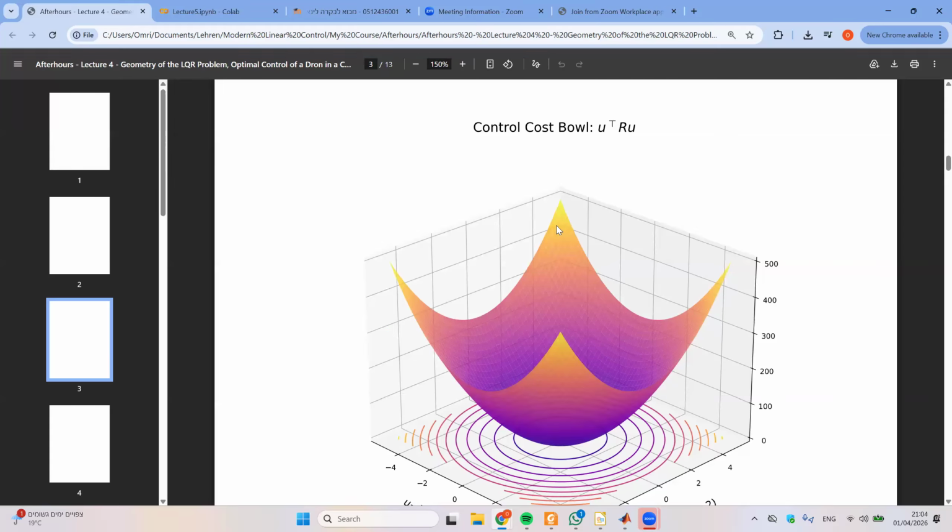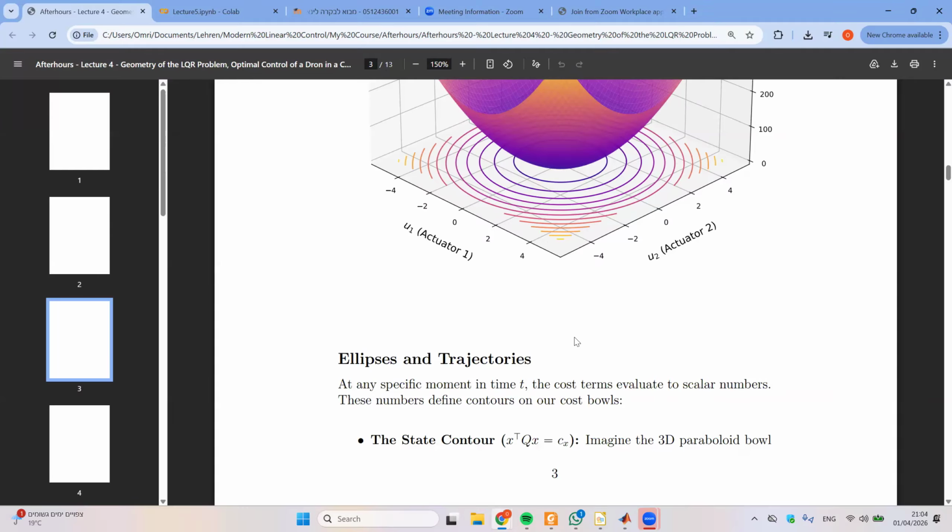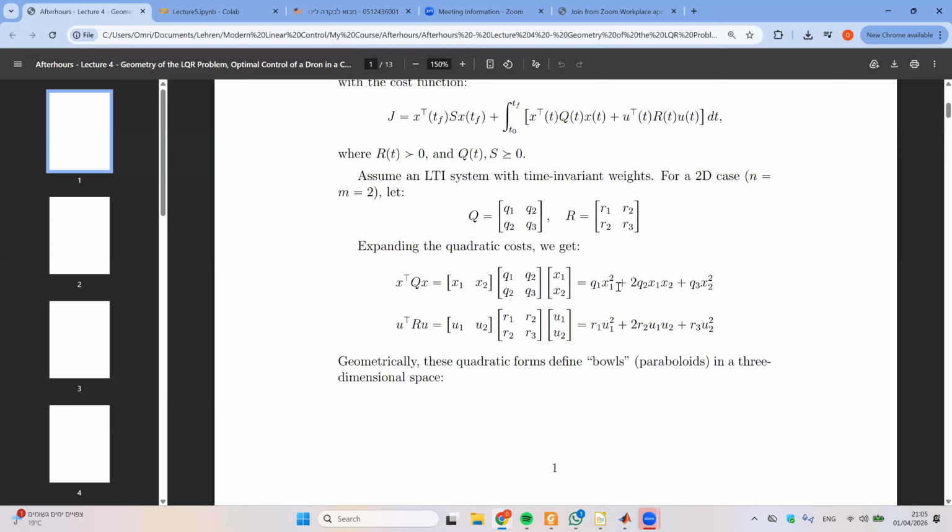Now, let's understand what's the meaning of these balls. So let's take a specific moment in time, t. So here obviously the x's and the u's are functions of time, when I choose some specific time, x1 and x2, u1 and u2 just become numbers, and these become constants.